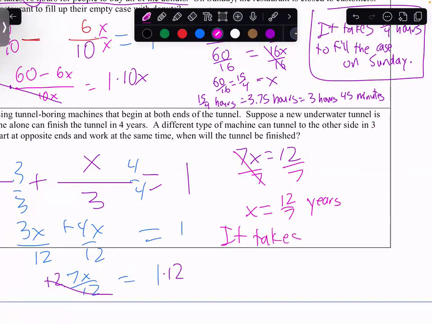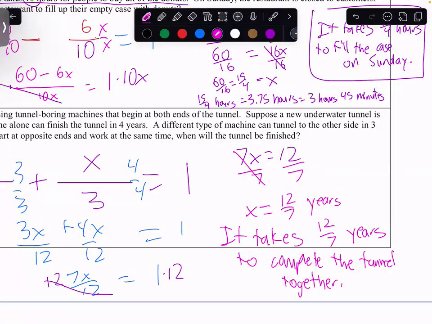So you could say it takes 12/7 years or 1 5/7 years. If both machines are working together, it'll take 12/7 of a year or 1 5/7 years.